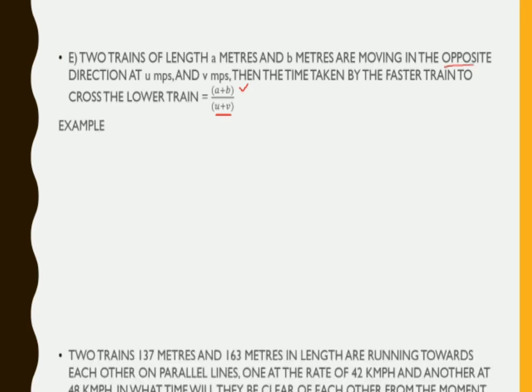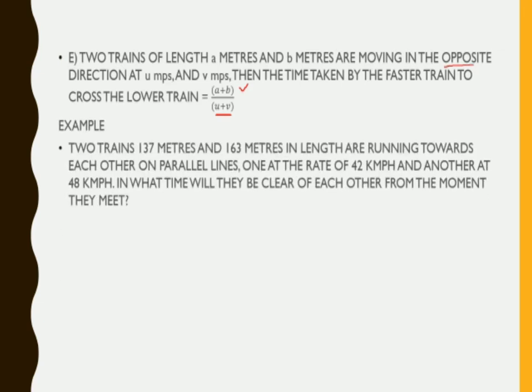Consider this example. Here, the lengths of two trains are given in meters and the speeds of two trains are given in kilometers per hour. So as we did in the previous sum, first convert kilometers per hour into meters per second and just apply directly into this formula to get the answer.